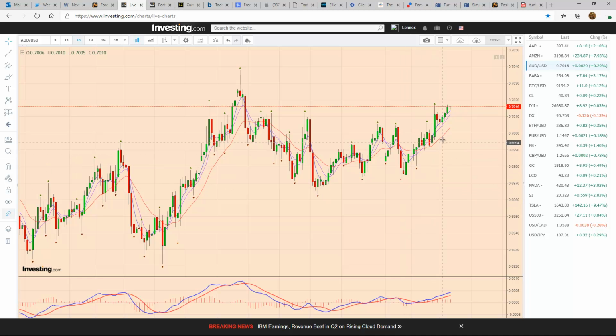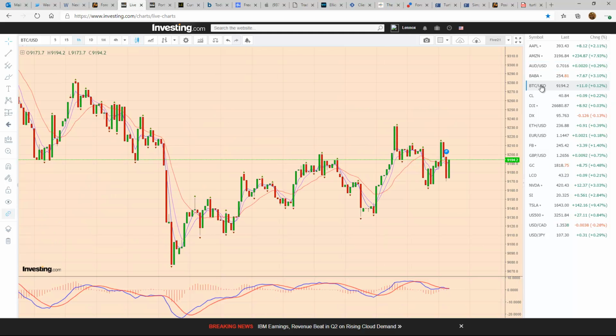Okay, this is the 1-hour time frame. Catching the 1, 2, 3 bottom on that would have given you some nice pips to the upside on Aussie US dollar, because the US dollar was weak. Even Bitcoin, you could have possibly caught a move at this point to the upside.